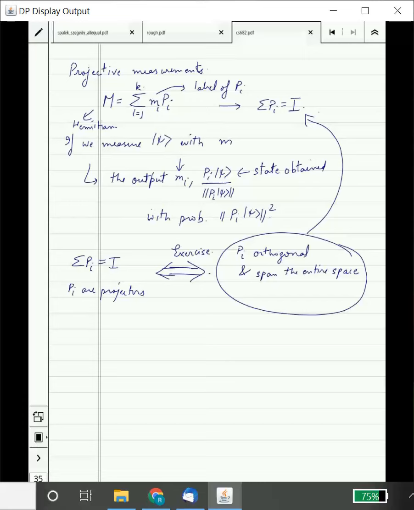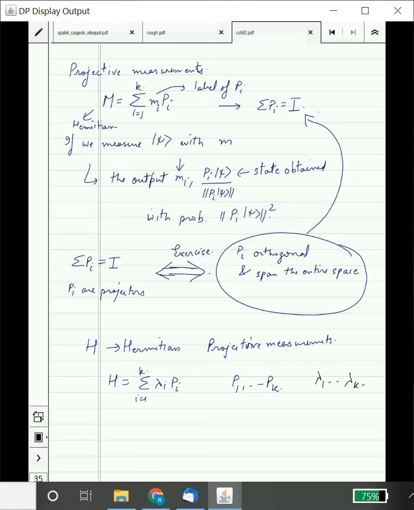Notice that given a Hermitian operator, by spectral decomposition, I get a list of projectors. My measurement is basically the measurement of these projectors. If someone tells you, oh, this is a Hermitian matrix H, measure it, what does it mean? This is a projective measurement. You just decompose it into eigenspaces, and this is the same as measuring with P1 to Pk, the labels of the output being lambda 1 to lambda k.